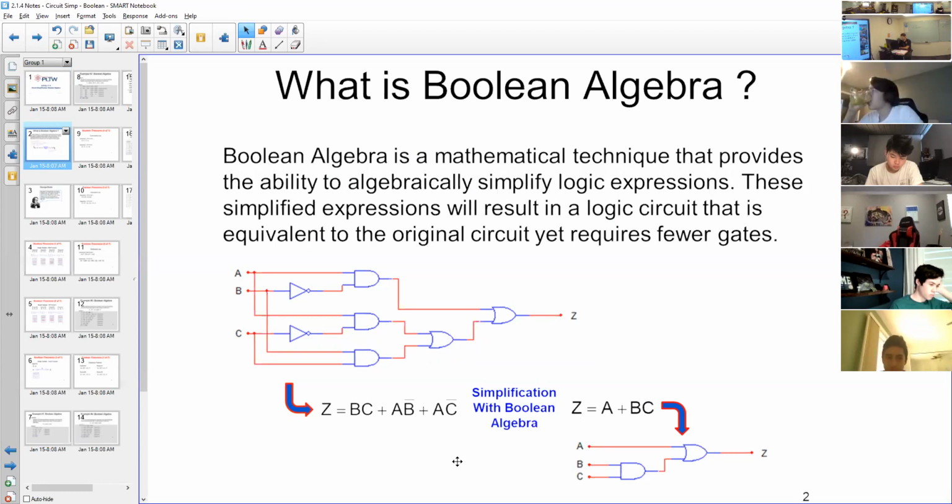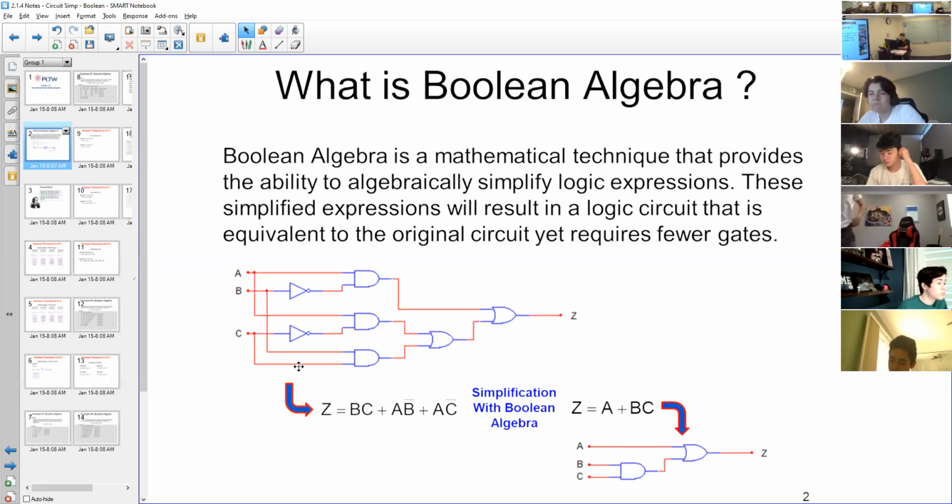And because we only need A plus BC, we can simplify the circuit down to what is shown here, which means instead of needing two inverters, three AND gates, and two OR gates, we only need a single AND and a single OR. All right, so that's the advantage.